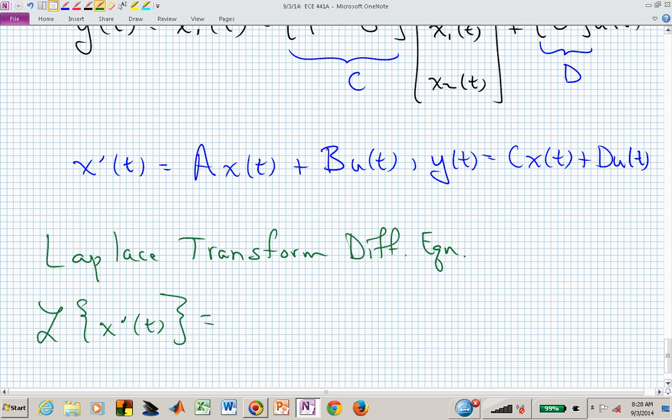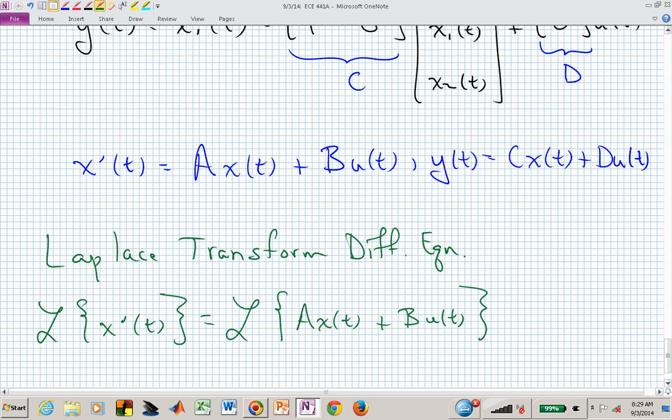Then we need to Laplace transform the right-hand side. Just for fun, let's keep track of the initial condition in this leftmost side Laplace transform. Do you remember just in general, if you Laplace transform a derivative, what that looks like?